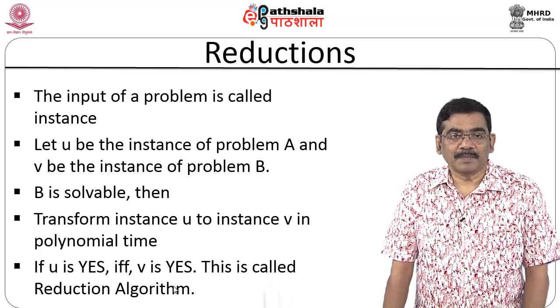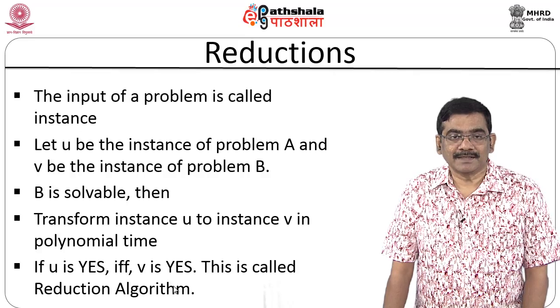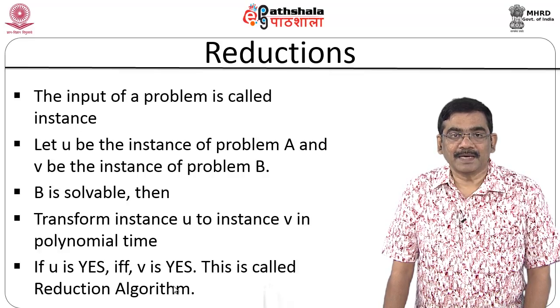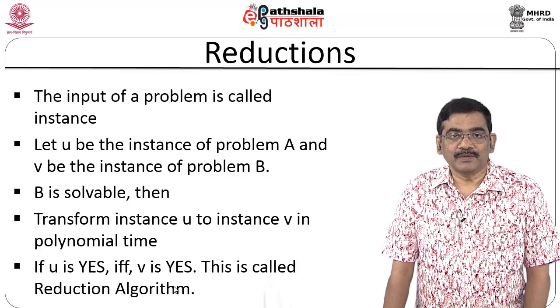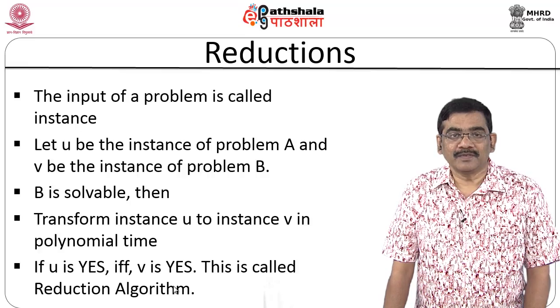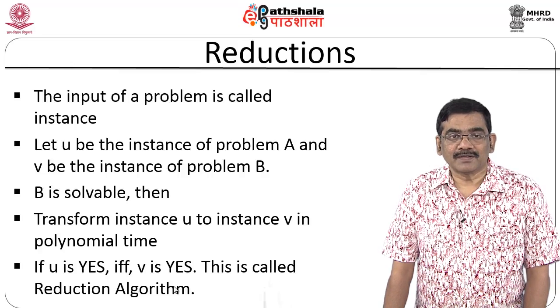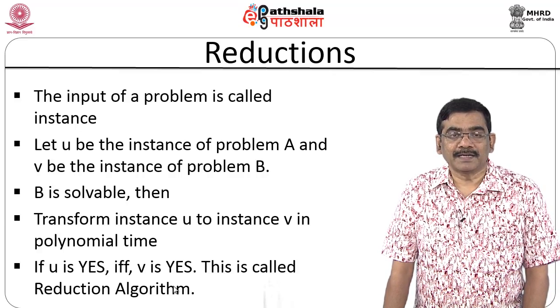So, what Karp reduction actually does is it transforms the instance U to V in polynomial time, such that if U is yes, then V is also yes, and if U is false or no, then V is also no. This kind of reduction is what we call the Karp reduction.